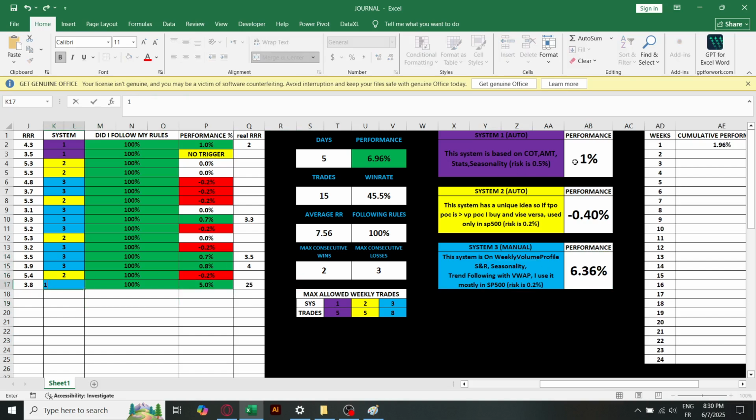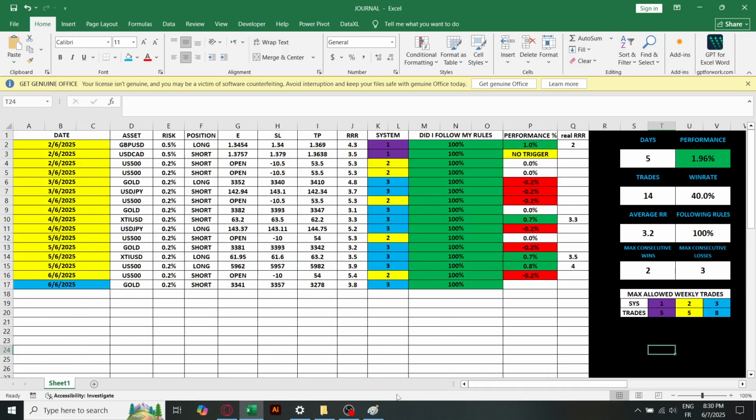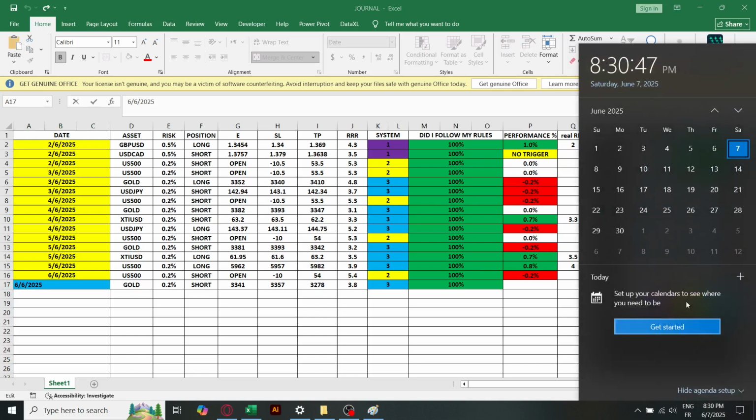Imagine if I put system 1, it will be calculated here instead. This is why I really like this Excel. Anyway, I just forgot to put 7. No, not 7. Monday. Where's Monday? So here's Monday, it's 9.